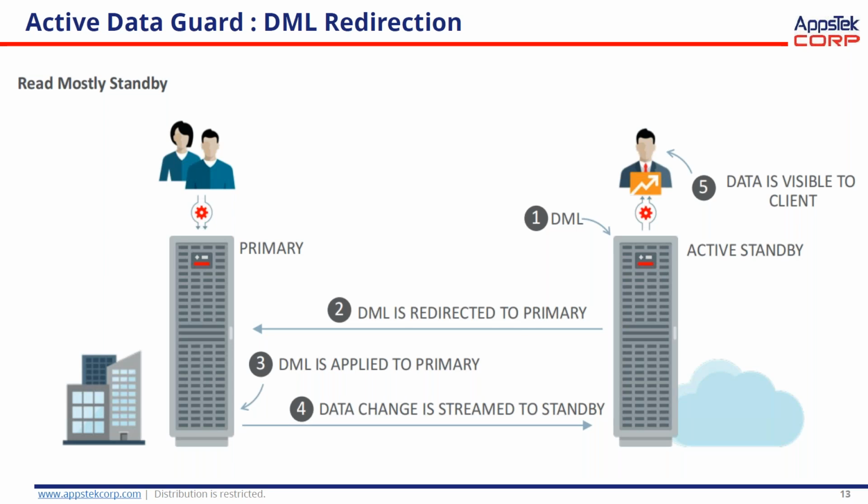It will be dynamically set in the parameter file. This is mostly used for applications with occasional updates. So this is a new feature where we can open our standby database in read-write mode, not only read mode.